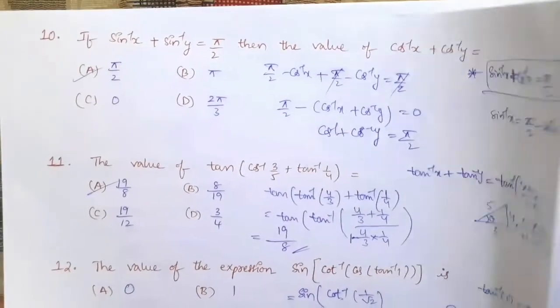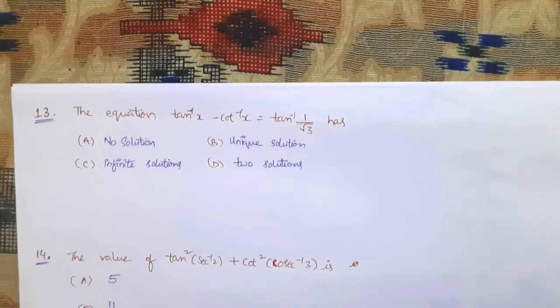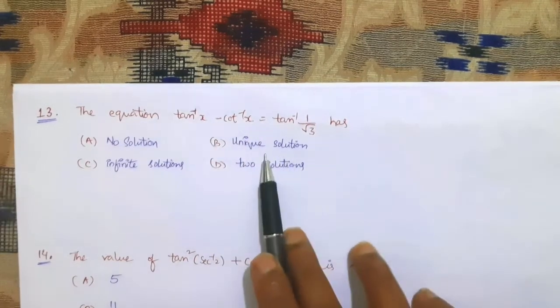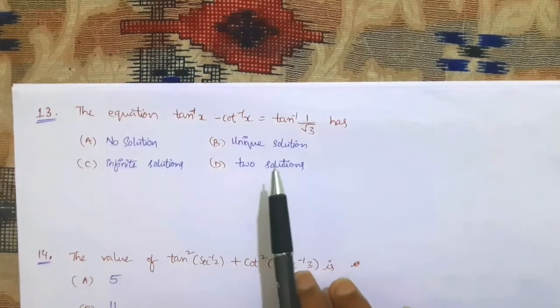Okay. Next, we'll go to question number 13. Now the question is, if the equation tan inverse x minus cot inverse x is equal to tan inverse of 1 by root 3, they are asking about solutions.